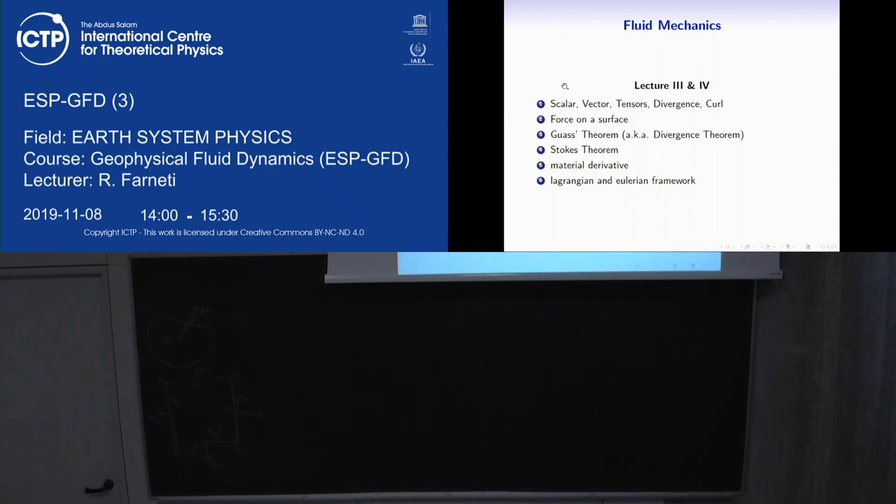We want to determine the forces acting on a surface, so we just take this triangle to make it a little more complicated. We have tau 2, tau 1,1, tau 1,2, tau 2,1.